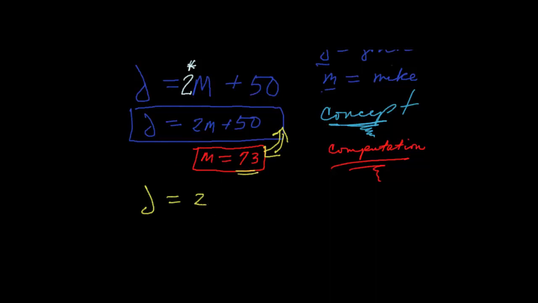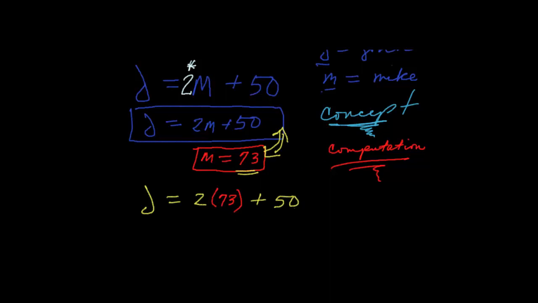That 73 goes here, because that's what Mike made during the summer in the business, plus the $50 more, because John made $50 more than twice what Mike made. Right.